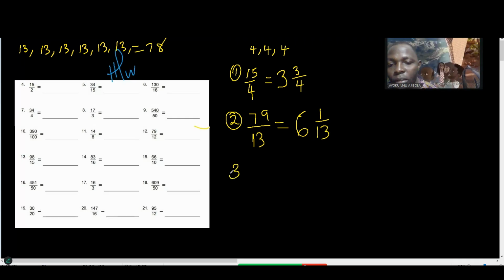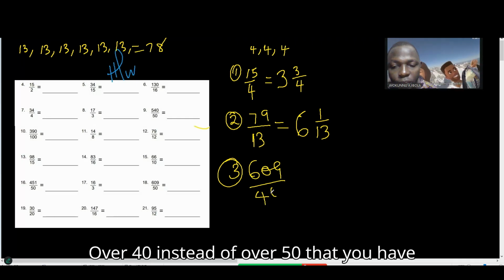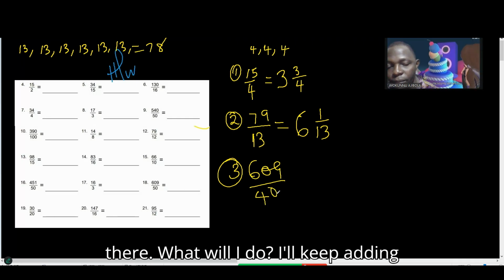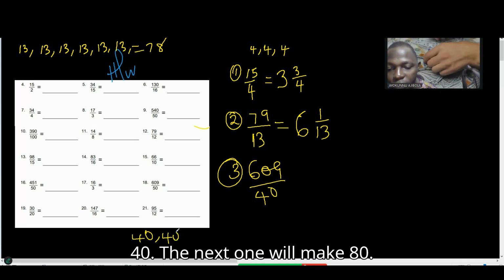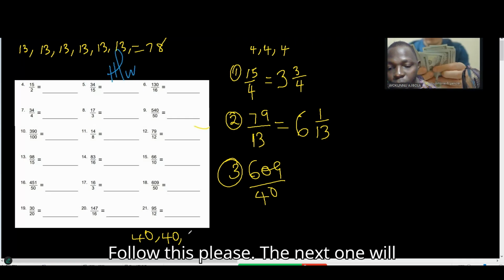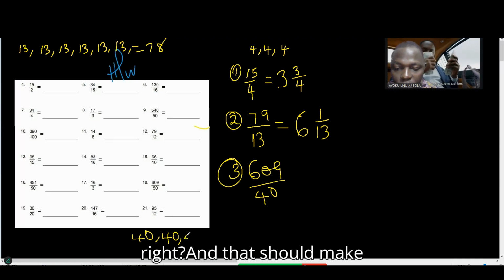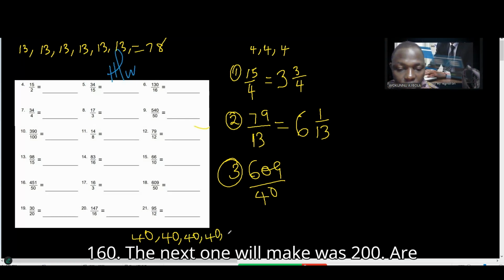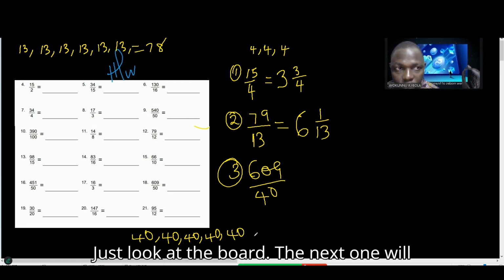Okay, let's say I have 609 over 40. What will I do? I'll keep adding 40 until I get to 609. So 40, the next one will make 80. Follow this, please. The next will make 120, then 160, then 200. Are you following this? Don't write anything, just look at the board.